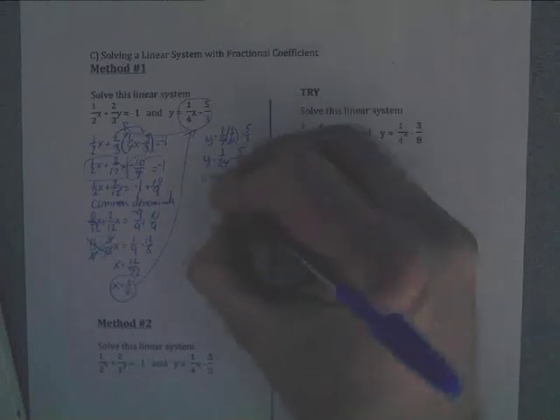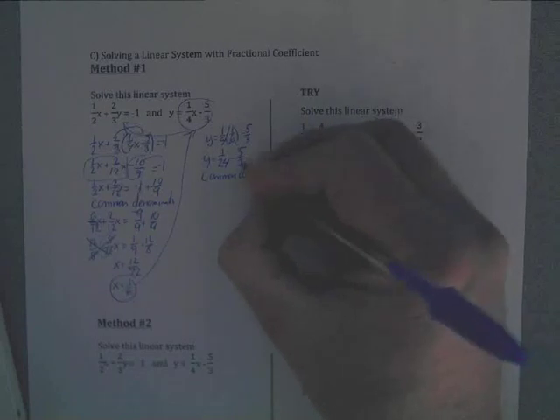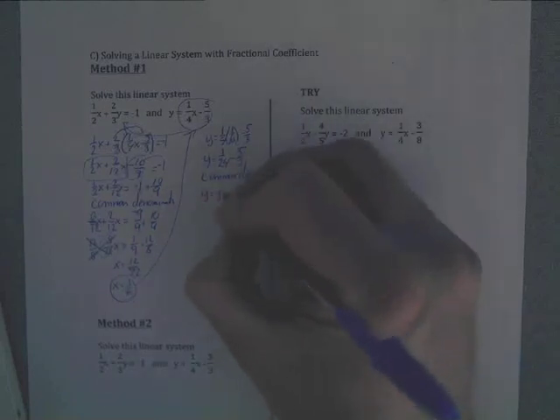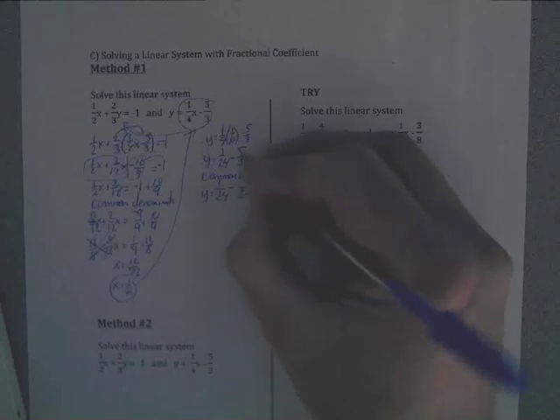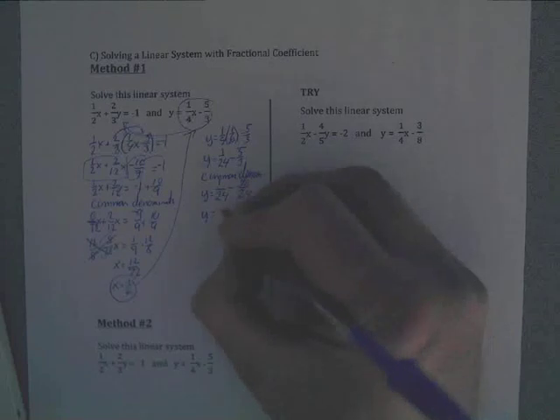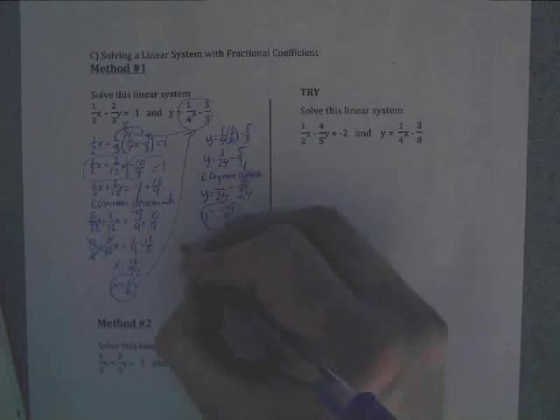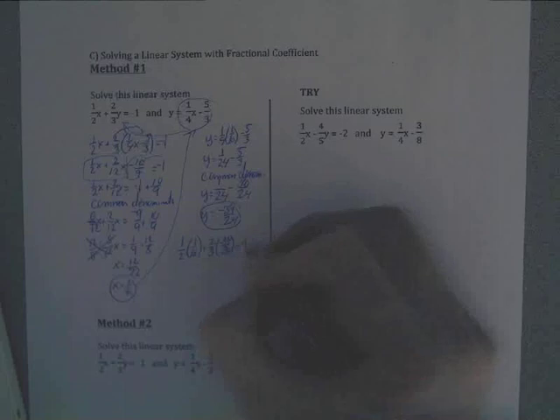Once again, I need a common denominator, which in this case is 24, so y is equal to 1/24 minus 24... and 3 times 8 is 24, so 5 times 8 is 40. y is equal to 1 minus 40 is -39/24. Put these two in the other equation, so I have 1/2 times 1/6 plus 2/3 times -39/24 is equal to -1.